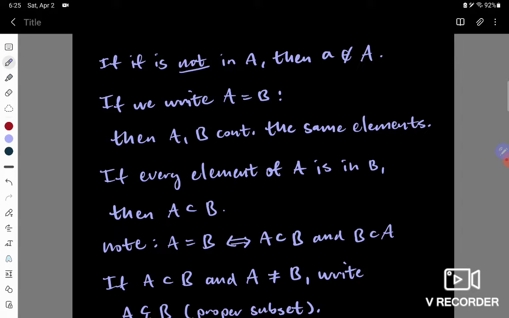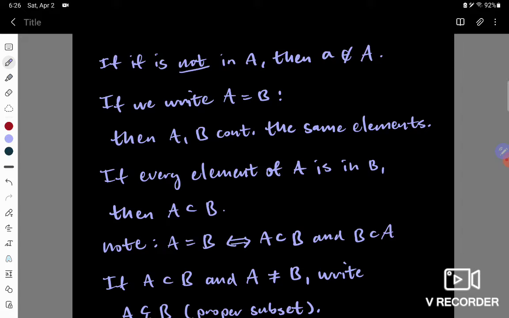Now, here's an important concept, that of set equality. This is that of logical equality or equivalence, where we're familiar with the equal sign, probably with numbers. We might write something like 1/2 is equal to 2/4, for example, because the equal sign shows that it's bridging two equivalent quantities. Similarly, if we write A is equal to B as sets, then A and B contain the exact same elements.